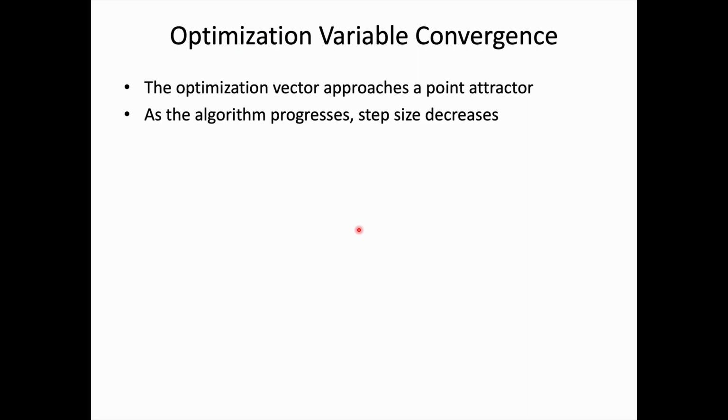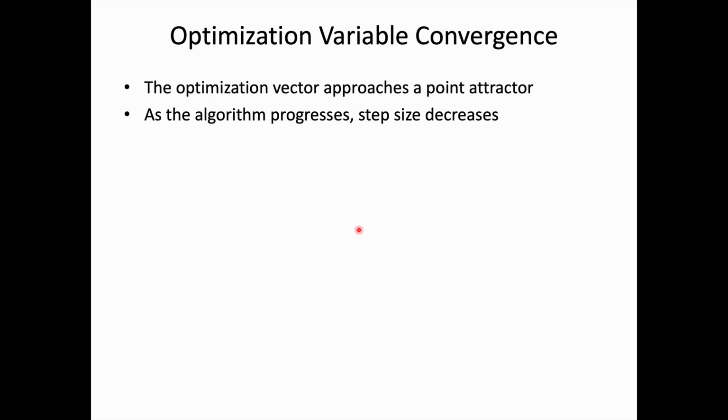Let's talk about optimization variable convergence. The optimization vector approaches a point attractor, or in other words, as we increase the number of iterations, the value of the optimization vector x gets closer and closer to a point, and that is the value that we are converging to, or it could be called a point attractor.